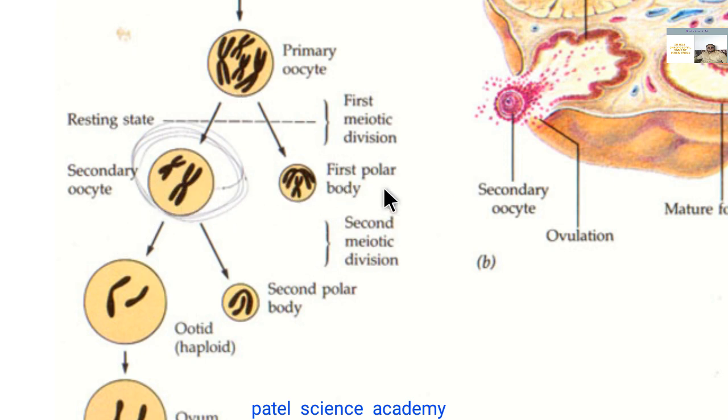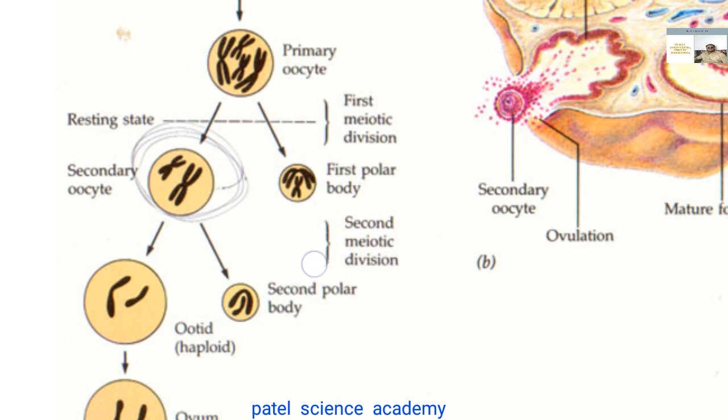One cell is called the first polar body, and the other is called the secondary oocyte. This secondary oocyte goes for the second meiotic division. It divides and converts again into two cells, and out of these two cells, one is called the second polar body, and the other is called the haploid oocyte.